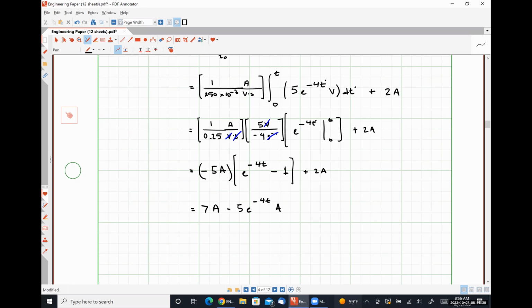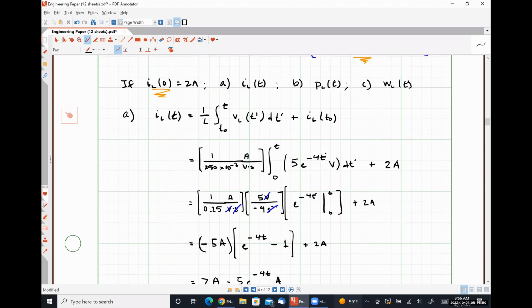Jonathan, how may I help you? The original equation that 1 over L also multiplies plus IL of E. No. No. So the 1 over L is only being multiplied by the integral portion. Yes. So that's another big mistake that we see here.